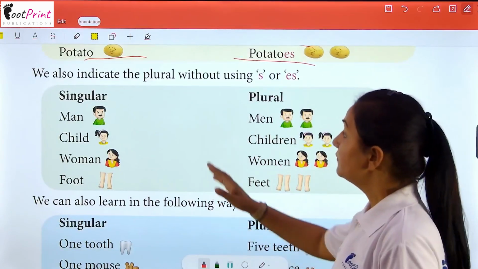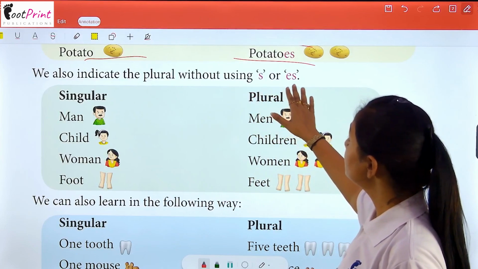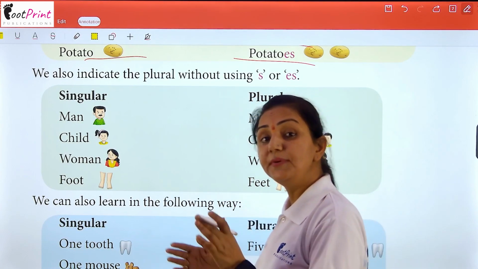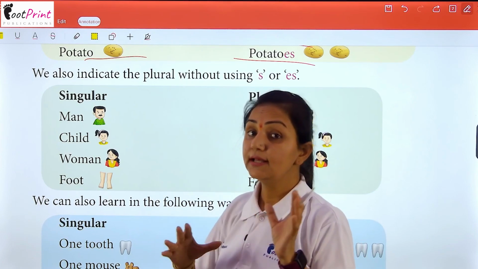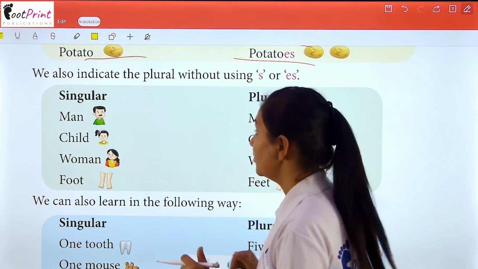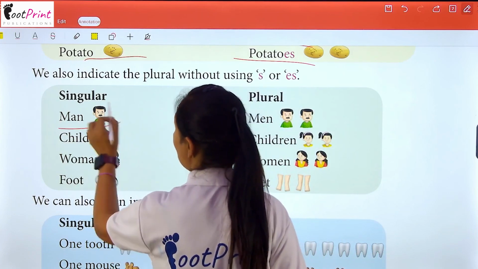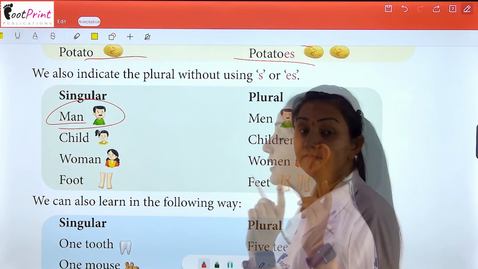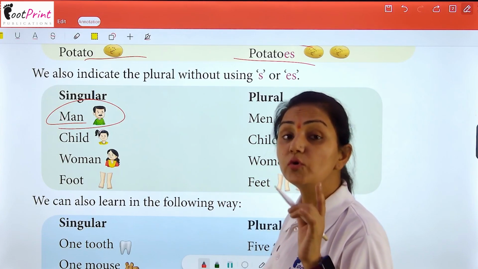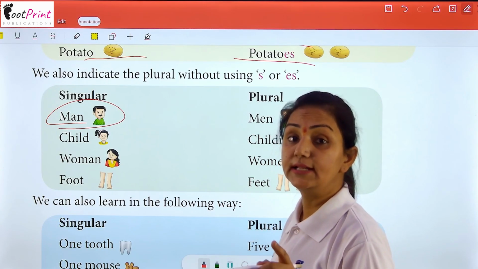Now, we can also indicate the plural without using S or ES. We can indicate plurals without adding S and ES also. But in that case, the spelling will change. As we can say man, M-A-N. When we talk about the spelling M-A-N, it will indicate singular, man.